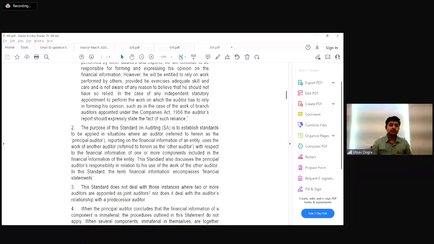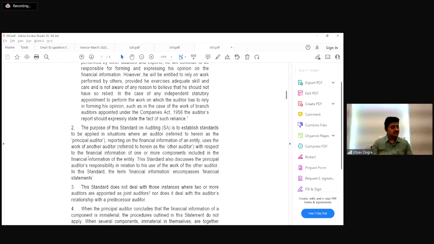So it is not just about the components. In a joint audit, it is not about the components; they divide the areas of audit of the complete consolidated financial statements. So this standard on auditing does not deal with joint auditors, and deals only with the principal auditor and the other auditor.